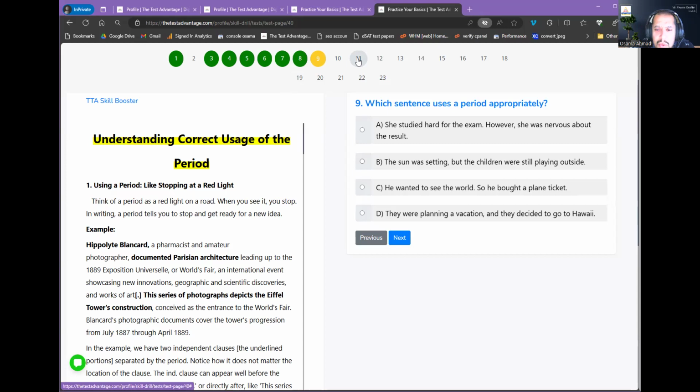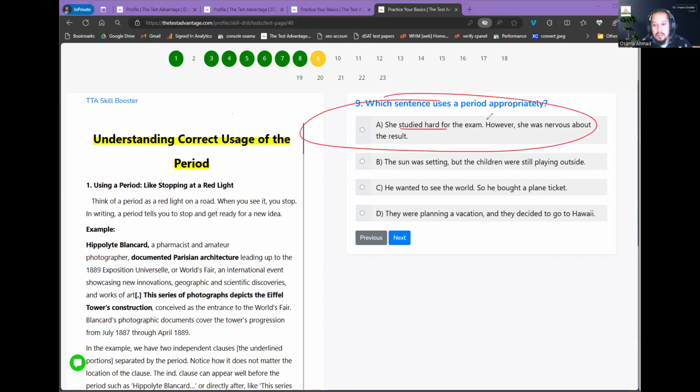No. What's the best answer? A. Yes, ma'am. A, indeed, is the best answer. Independent, period. Independent. Very good job.